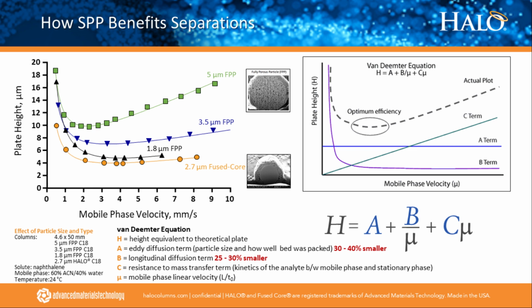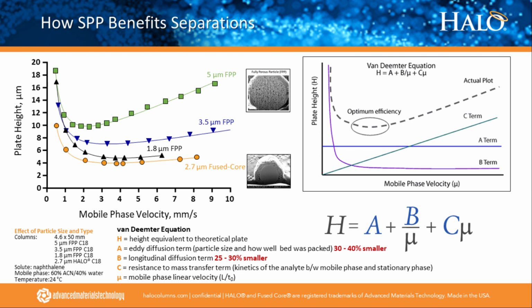So the reason for this is in particular due to the eddy diffusion term, the A term, which is dependent upon the particle size and how well the column bed is packed. So for superficially porous particles, the bed is packed much more efficiently, and that leads to 30 to 40% smaller A terms.